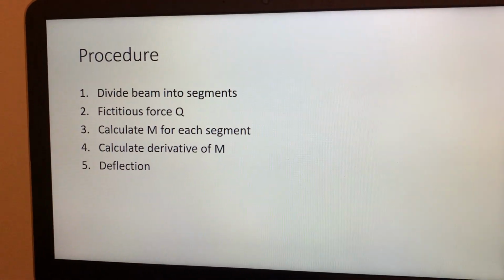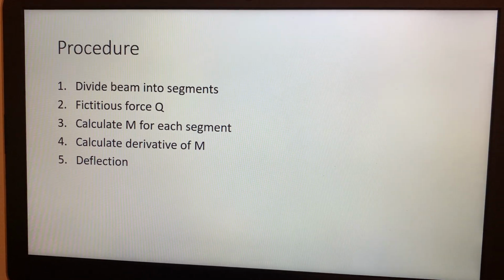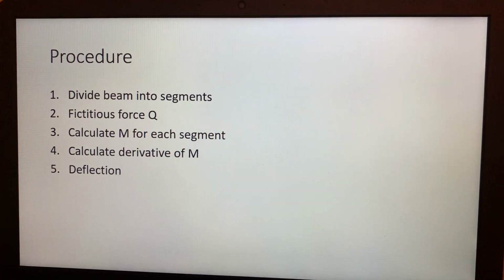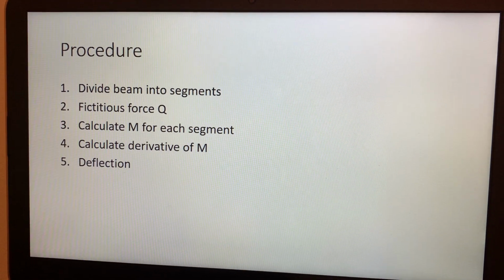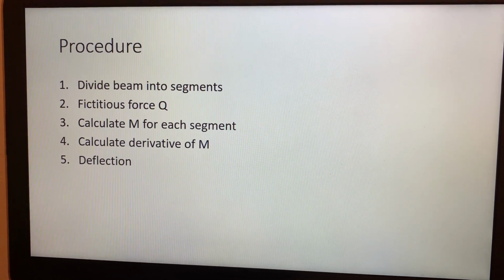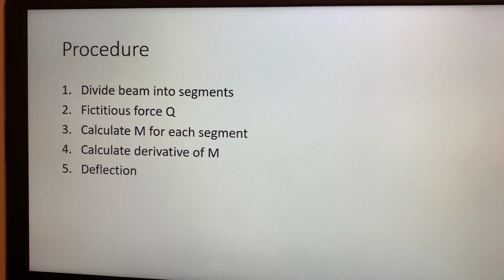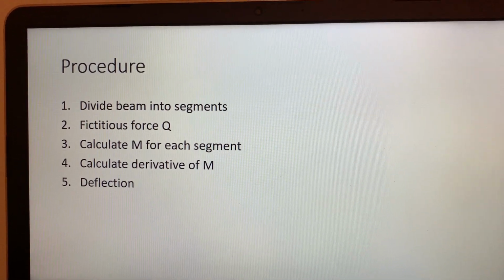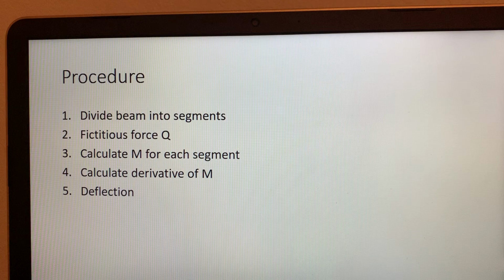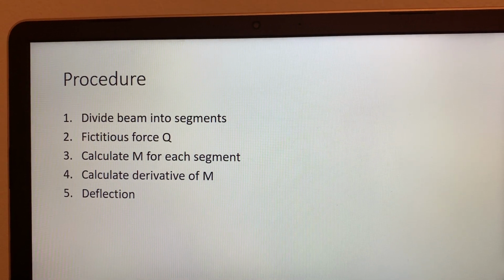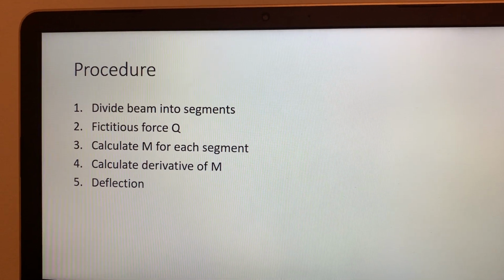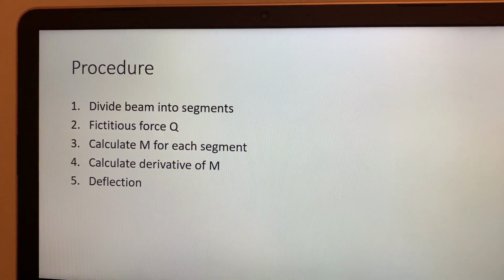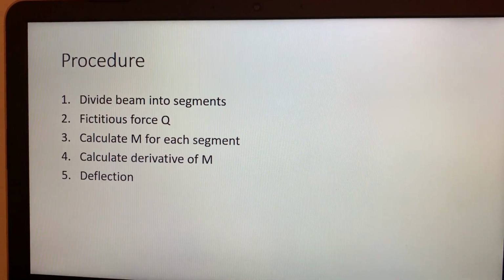So we have a basic procedure for solving these curved member problems. First, we want to divide the beam into segments, and there's never a correct number of segments in each problem, but there is a better number of segments.